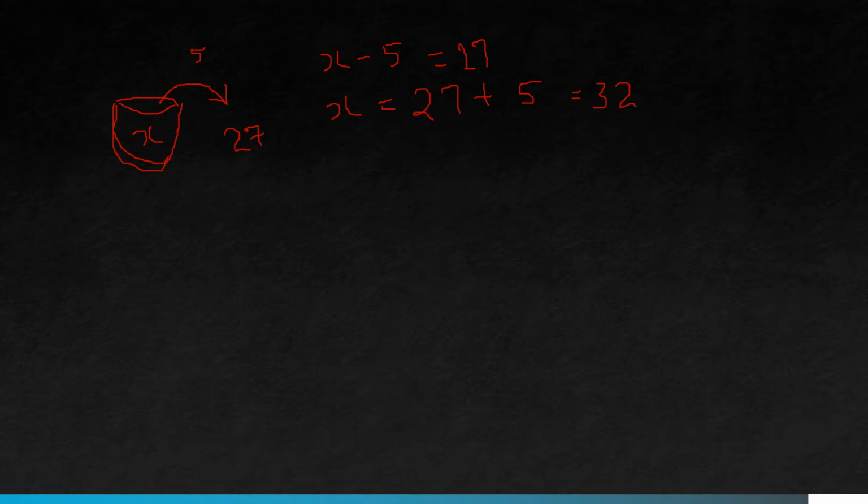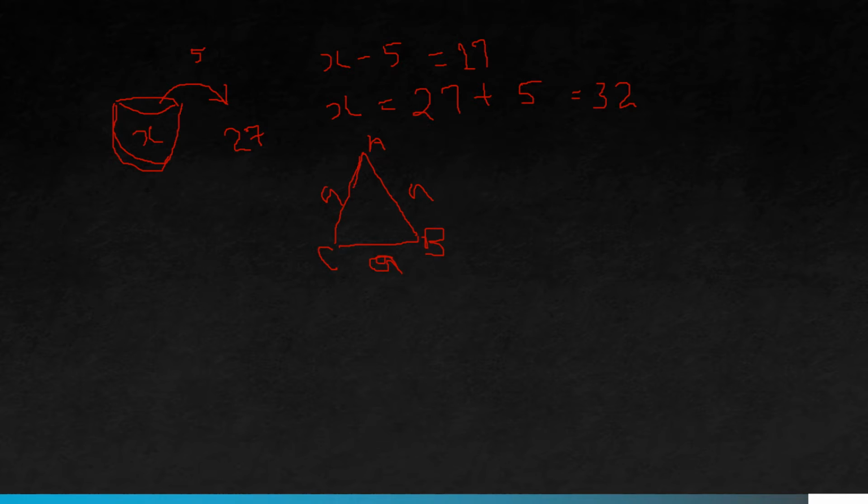There is another example. For example, we have a triangle ABC. Let's say the length of line AB is A, the length of BC is A, and the length of AC is also A. So what will be the perimeter of this triangle?